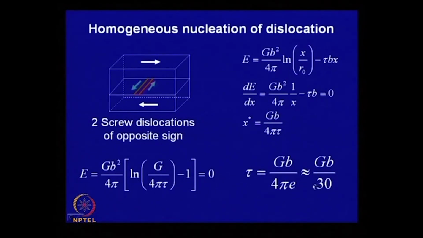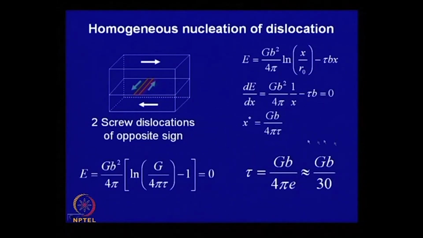Approximately, the shear stress needed for homogeneous nucleation of dislocation is of the order of G b over 30. So, which is very high. Therefore, to generate dislocations, this is not possible if the material is perfect.